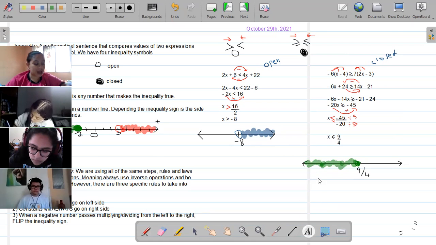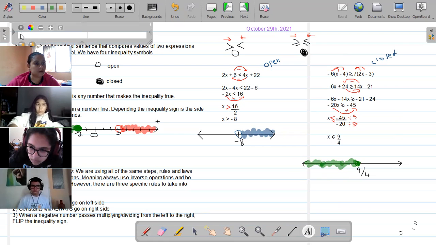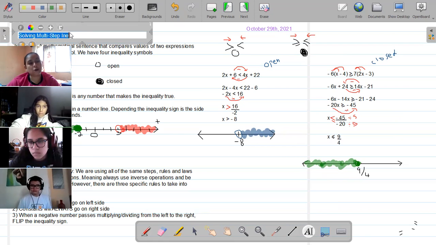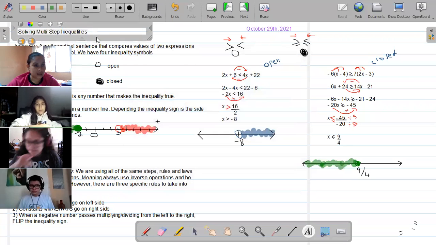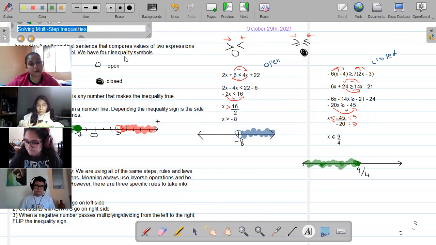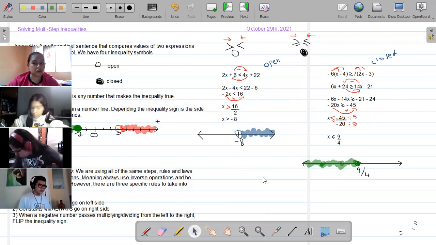Okay, so with that said, what is the name of today's topic? Graphing inequalities. More than graphing, solving. What type of inequalities? Multi-step inequalities. That, boys and girls, is the first topic for the second partial.